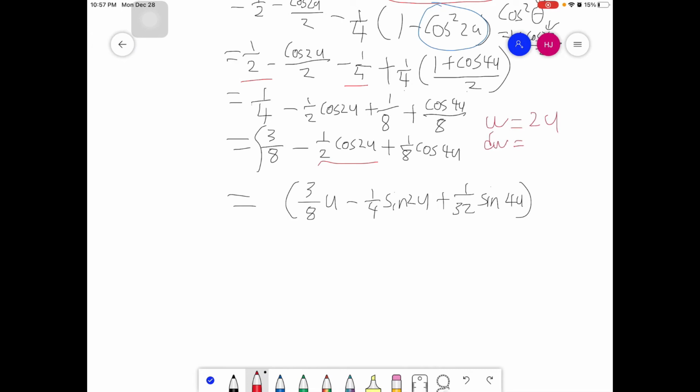Then dw would just be 2 du, and then this whole thing will be minus 1/4 cosine w dw. You can just integrate this and you should get this. Plug the w back in for u, and it'll be the same thing for this.